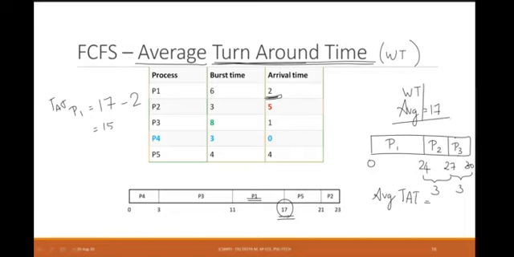Yes? So the turnaround time for P2 will be 23 minus 5. Yes, can someone type in what is the average time that you got?